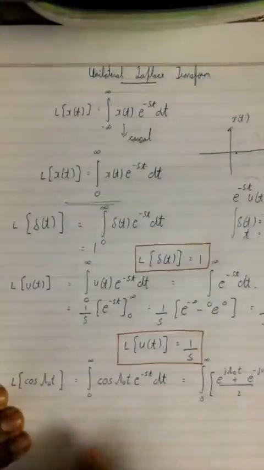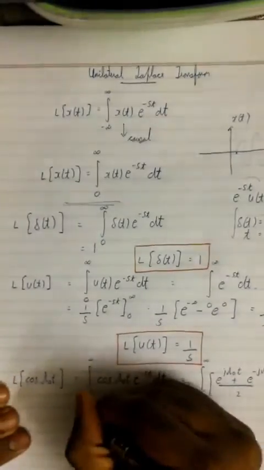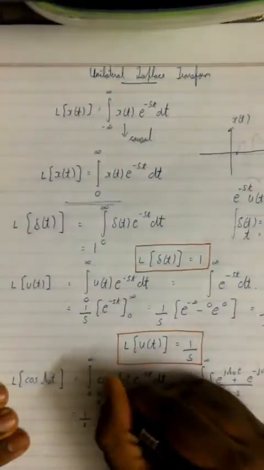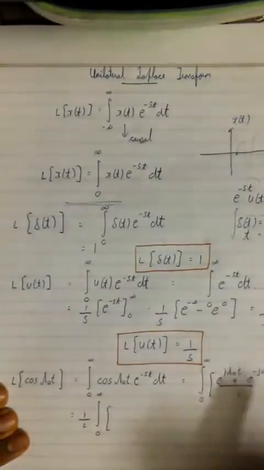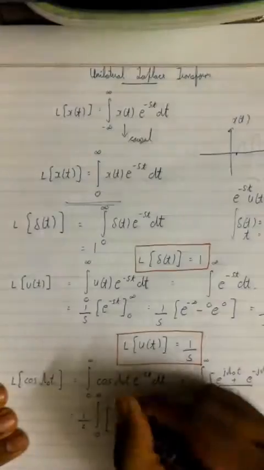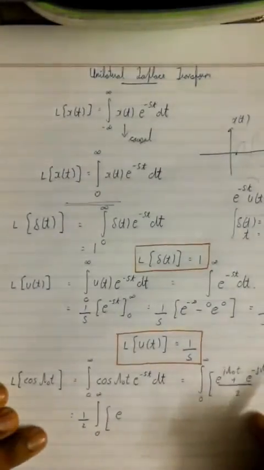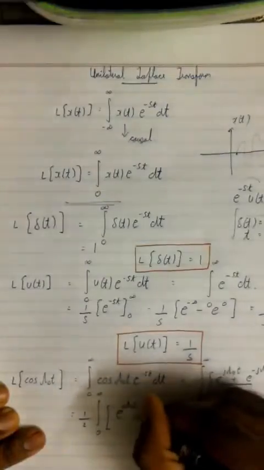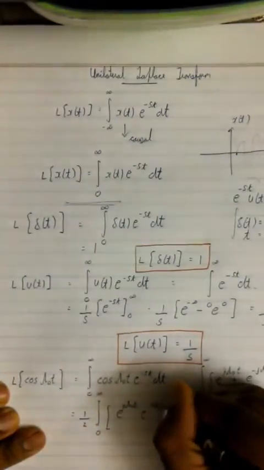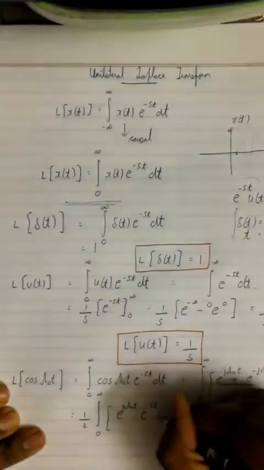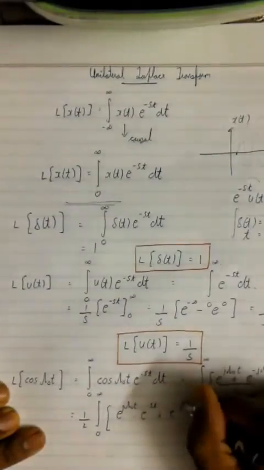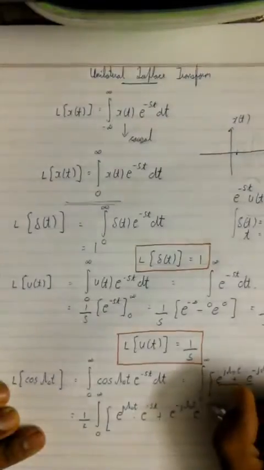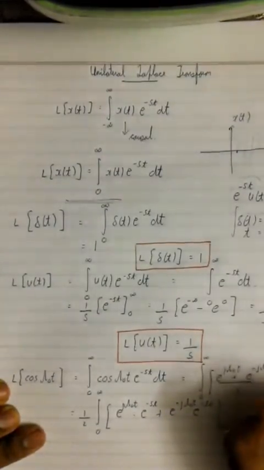I can take this denominator 2 common, so this will become 1 by 2 into integral 0 to infinity. Now I can multiply e raised to minus st inside the bracket. This will become e raised to j ohm 0 t into e raised to minus st plus e raised to minus j ohm 0 t into e raised to minus st dt.